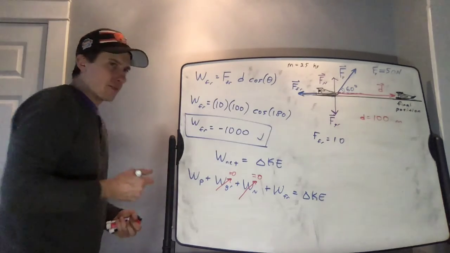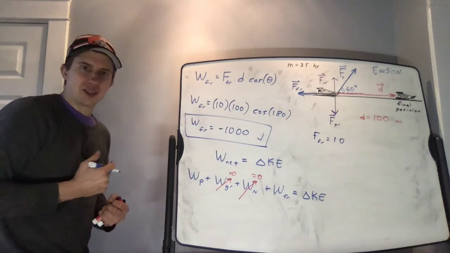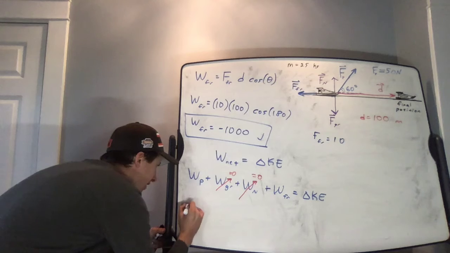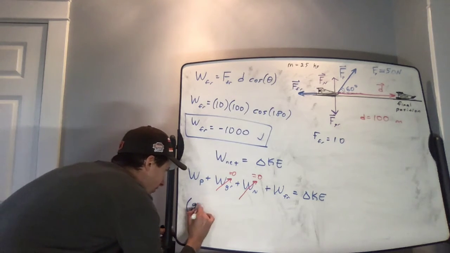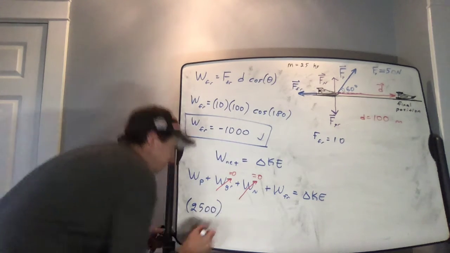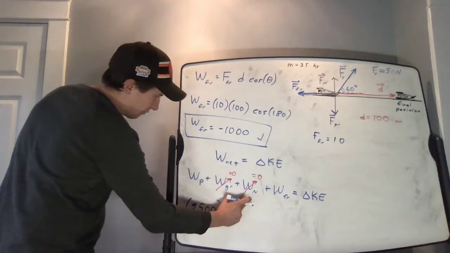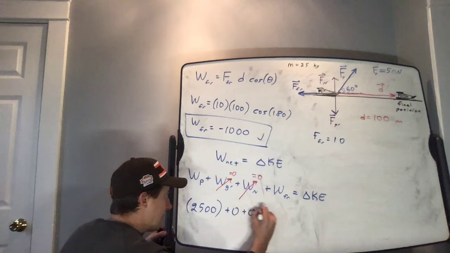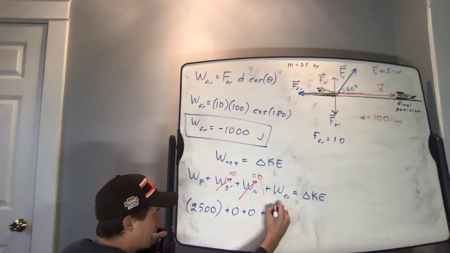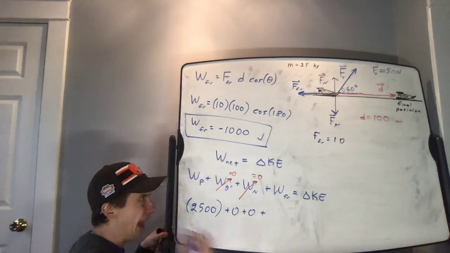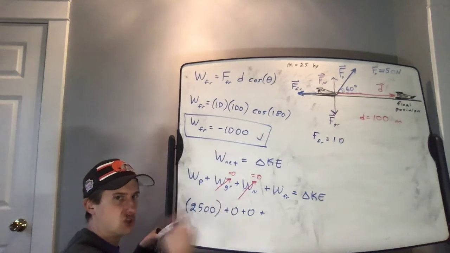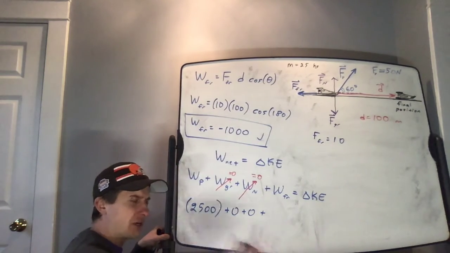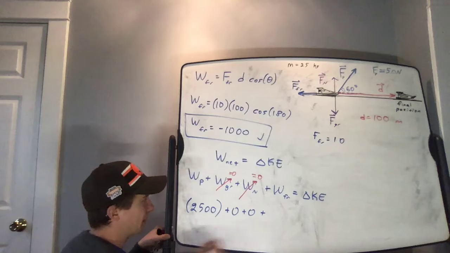Now, the work done by my pull is going to be the exact same thing we found earlier. So I have the work done by my pull is 2,500. If I want to be very thorough, I will add 0 for each of these terms. And the work done by friction is like saying I am adding negative 1,000 joules to the sled. So colloquially, I would say I'm taking away 1,000 joules.